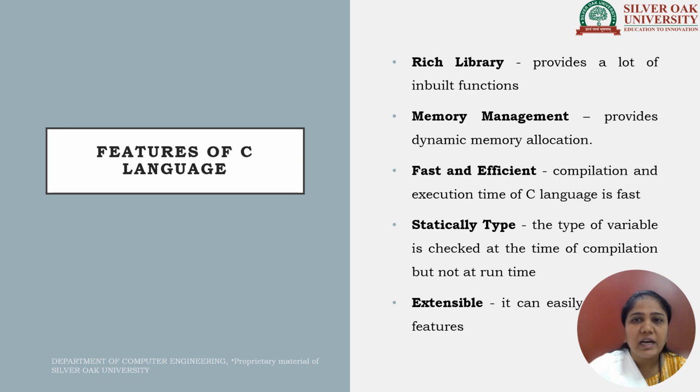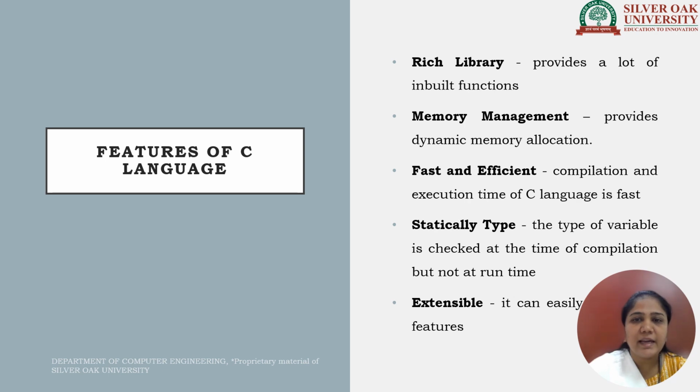For example, if I want to perform some mathematical operations, I have math related functions available. I can use string related functions directly. So C has readily available inbuilt functions that we can directly use so that our coding time can be minimized.